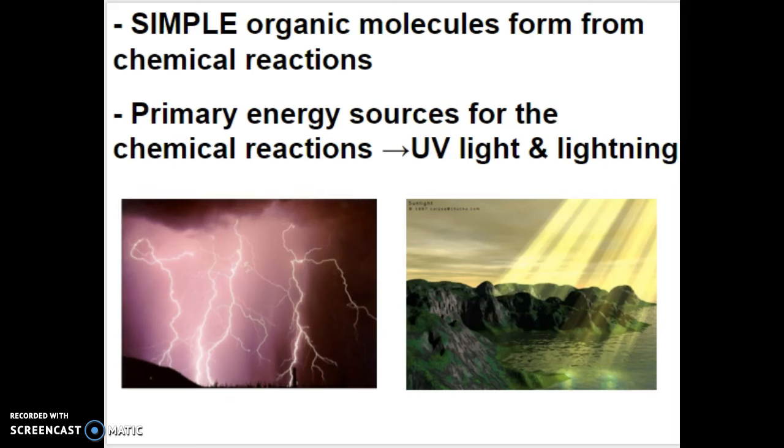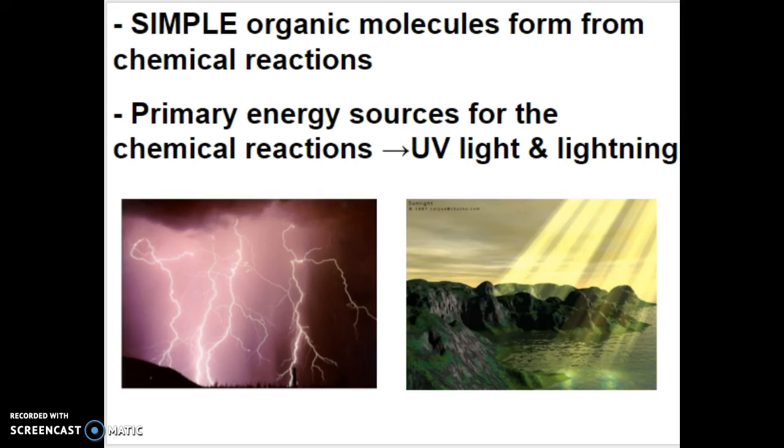Remember when we talked about chemical reactions, we need some sort of activation energy to get reactants to be made into products. The only source of energy for activation energy at the time on the planet was ultraviolet light. Remember, there is no atmosphere to speak of like we have today, so there is no ozone layer.